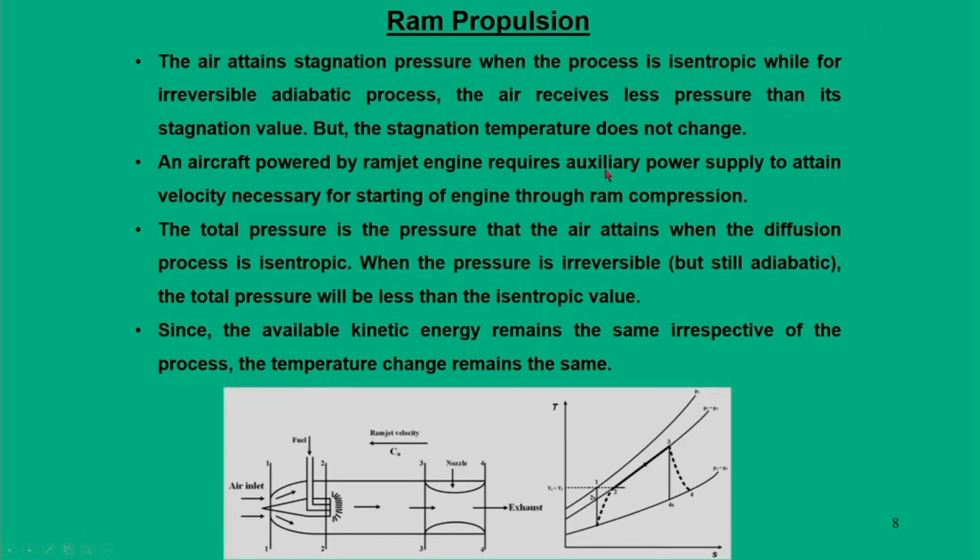But to go to that altitude, we require some other means of propulsion system, which we call an auxiliary power supply. It could be a conventional turbojet engine or turboprop engine, and finally, we have to fire these ramjet engines, for which the propulsion is achieved through this high velocity duct.